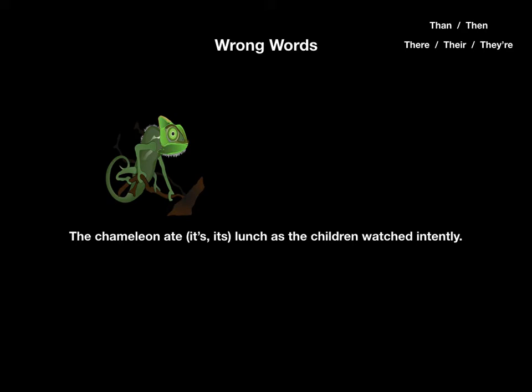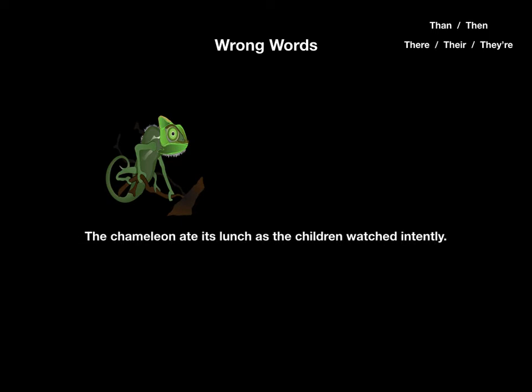Here, again, we have the form its and it's. If we try to insert it is, the chameleon ate it is lunch as the children watched intently, the sentence does not make sense. Therefore, in this instance, its is referring to possession. It's the chameleon's lunch, or its lunch.